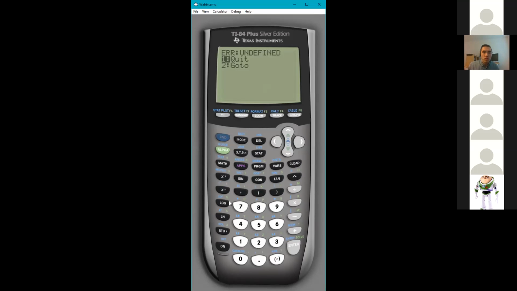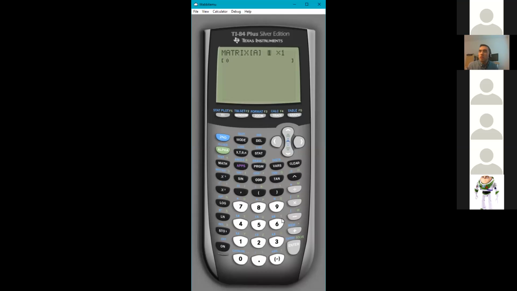So what we're going to have to do is go back, hit second matrix. Clear, quit, second matrix. Okay, so now we're going to have to edit our matrices. So I'm going to go over here to edit, and choose edit option 1, edit matrix A. The first thing it's going to ask us is how big is matrix A?